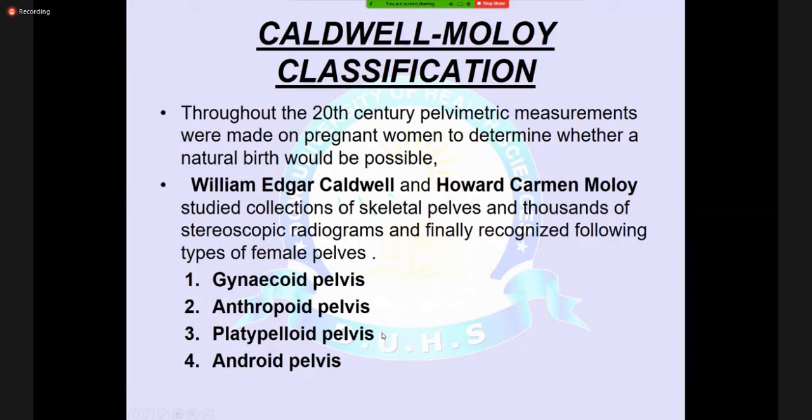These are the 4 types which were identified by studying hundreds and thousands of skeletal and pelvic radiographs. So what are these pelvises?